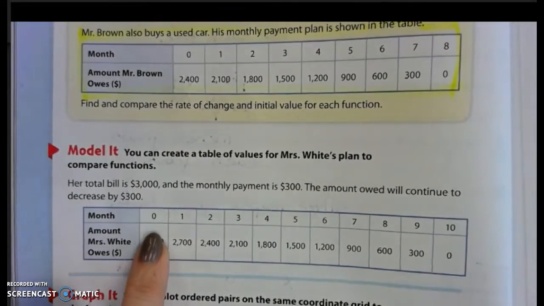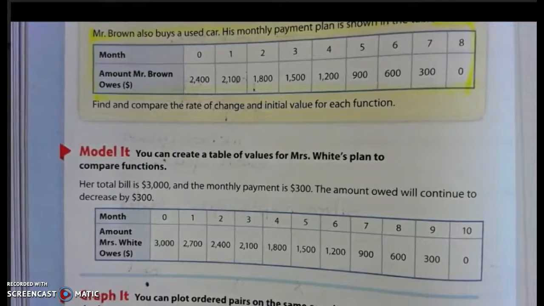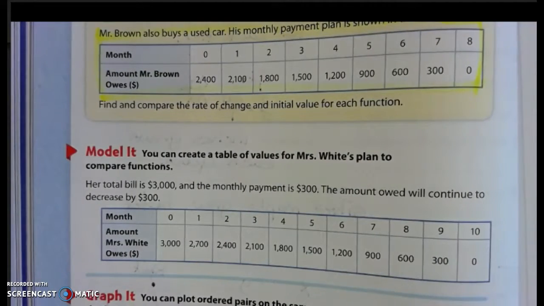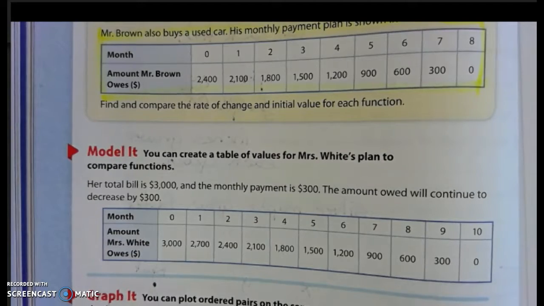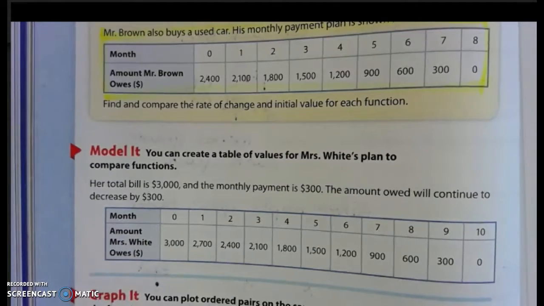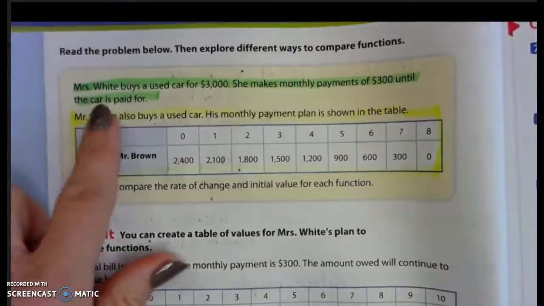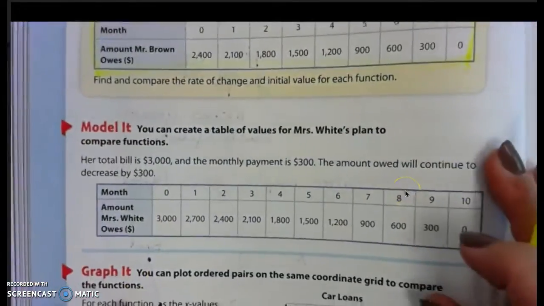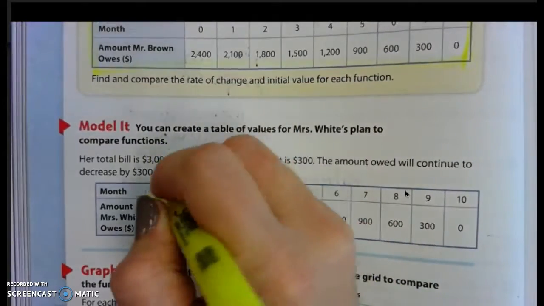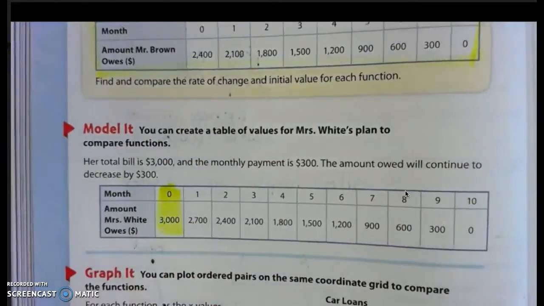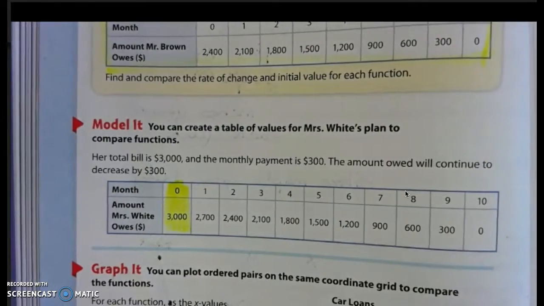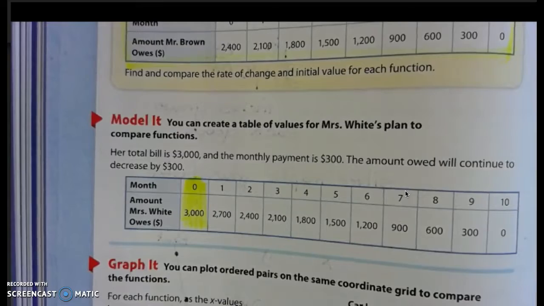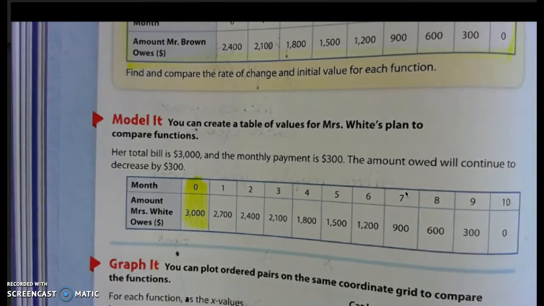Now, at 0 months, remember I told you the initial value, that's where you start. Okay, that's the beginning value. What was the beginning value for Miss White's car? If you look up here, she is buying the car for $3,000. So at month 0, she owes $3,000. That's your initial value. Then you use your rate of change to complete the table.